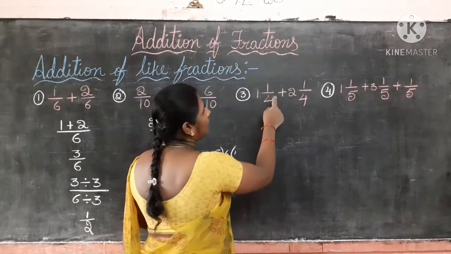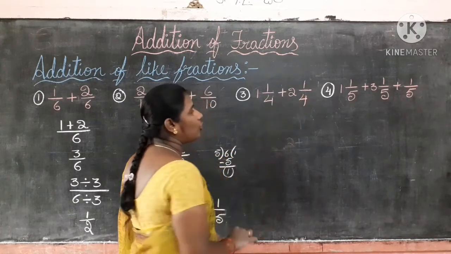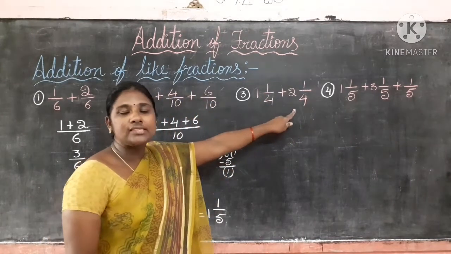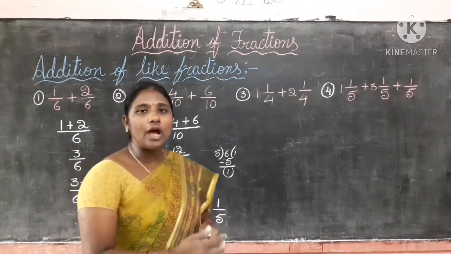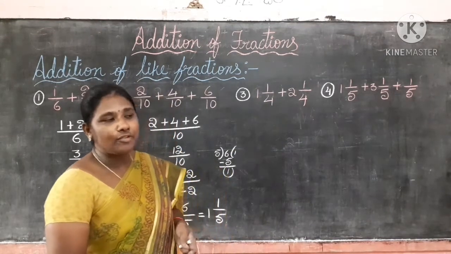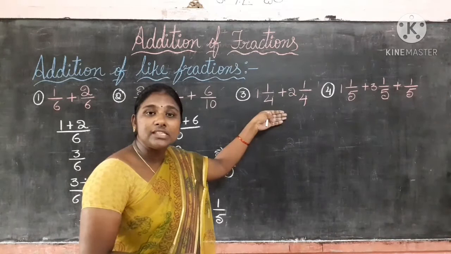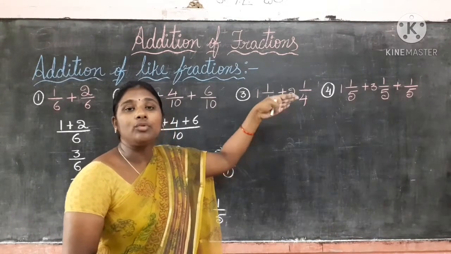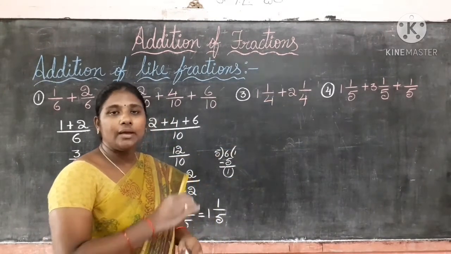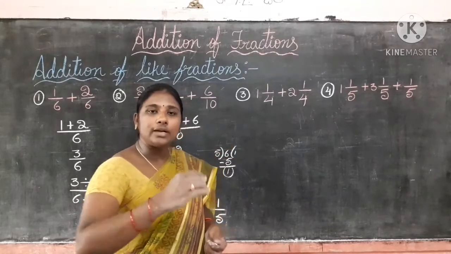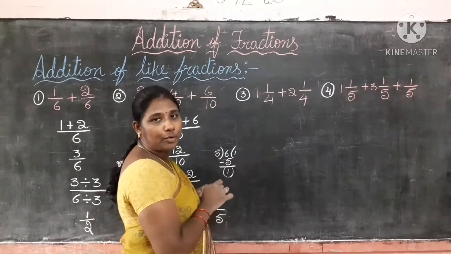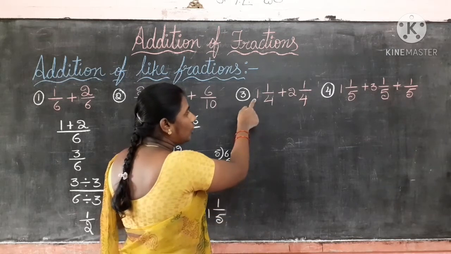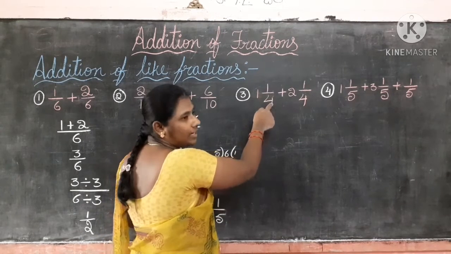Next, 1 1 by 4 plus 2 1 by 4. These are mixed fractions. So first, for the addition of like fractions, we have to convert these mixed fractions into improper fractions. While converting into an improper fraction, it is whole number, numerator by denominator.